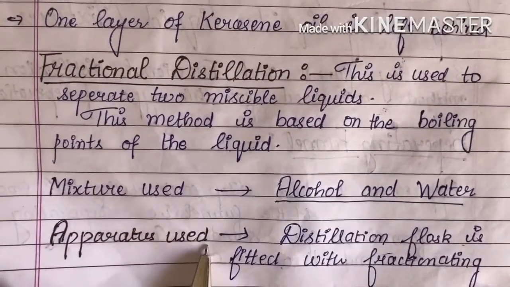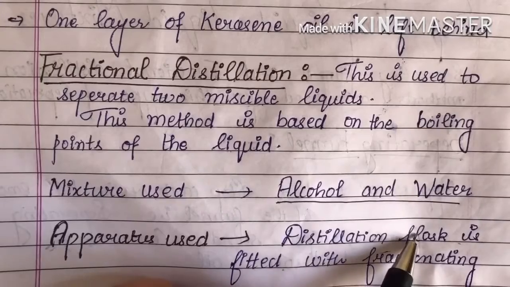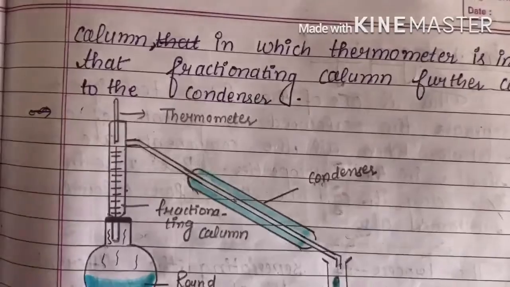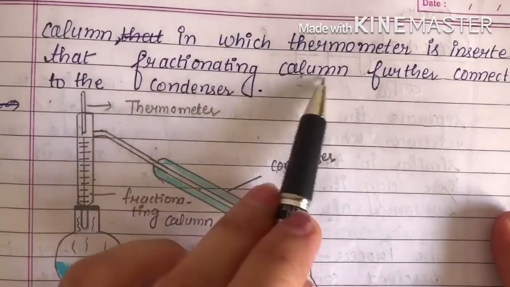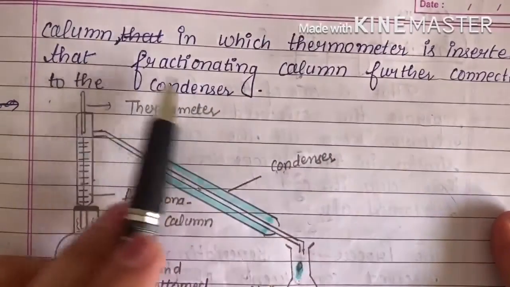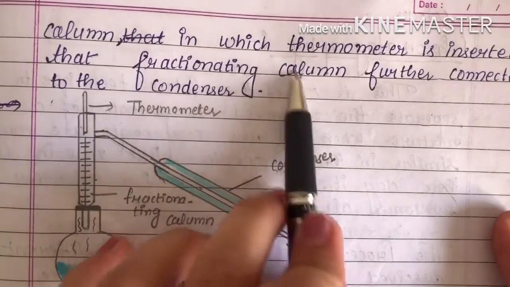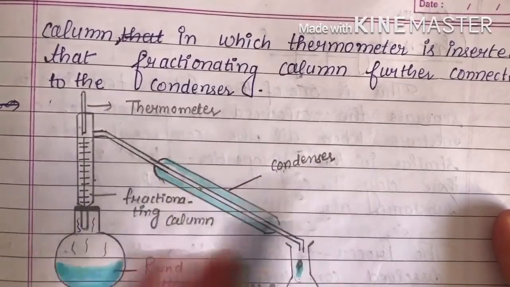The apparatus used for this fractional distillation is a flask fitted with a fractionating column in which the thermometer is inserted. That fractionating column is further connected to the condenser, and the condenser is further connected with a receiver or flask.